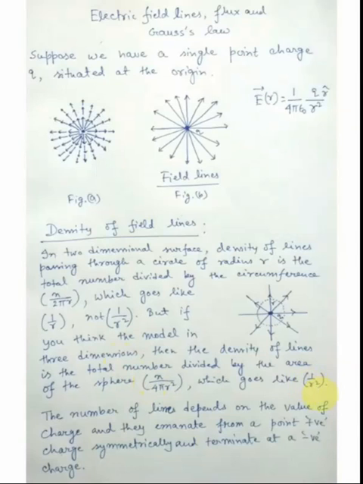Now let's discuss some properties of electric field lines. The number of lines depends on the value of the charge, and they emanate from a point of positive charge, come out from the positive charge symmetrically and terminate at a negative charge.